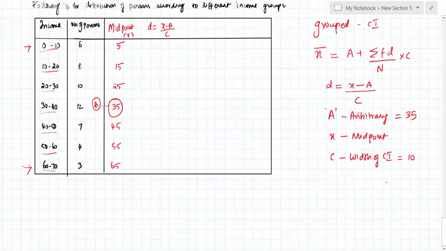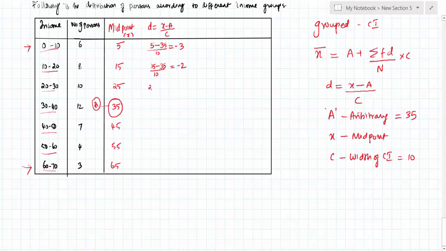So here what you have to do is take x, which is 5, minus 35, divided by 10. So 5 minus 35 is minus 30. Minus 30 divided by 10 is equal to minus 3. So that is your D for the first group. Then for the second group, it is 15 minus 35 divided by 10, that is minus 20 by 10, so it is minus 2.